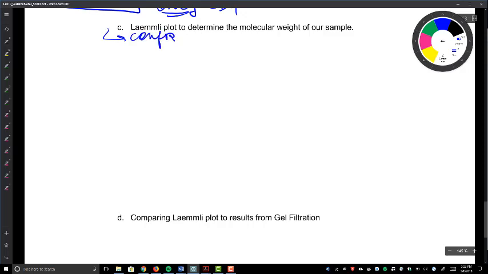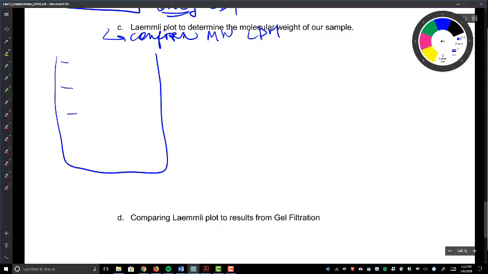So again, we can use it to confirm the molecular weight of LDH. The way that we do this is, when you run your gel, here's your ladder. You'll have your sample. And then you'll notice at the bottom of the gel, there's going to be a blue solvent front.